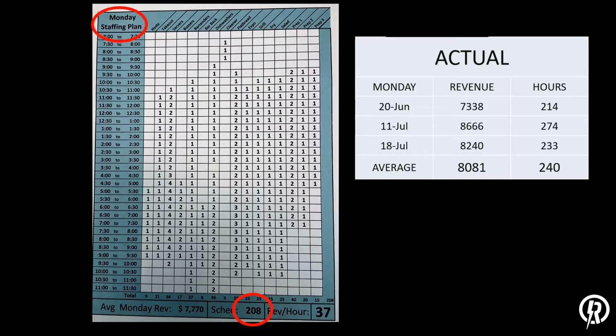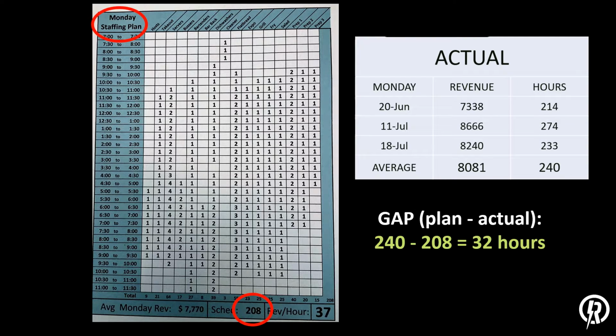July 18th, 233 hours. The average of those 3 weeks was 240 hours. Our plan, right down here, was 208. Actual was 240. Now, you might be saying, well, it's only a couple hours here, a couple hours there, no big deal. Well, the gap here is 32 hours.